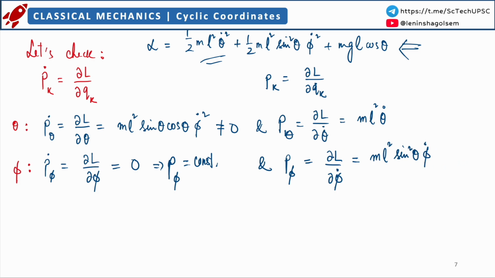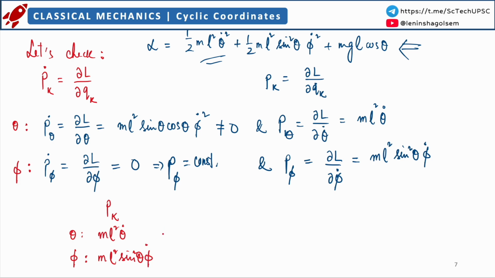Now we have the expression of p theta. Let us write p k. For theta it is ml square theta dot, and for phi it is ml square sine square theta phi dot.